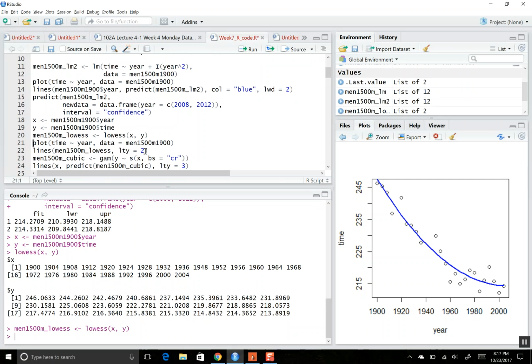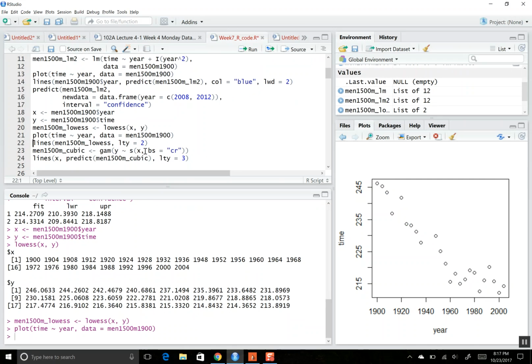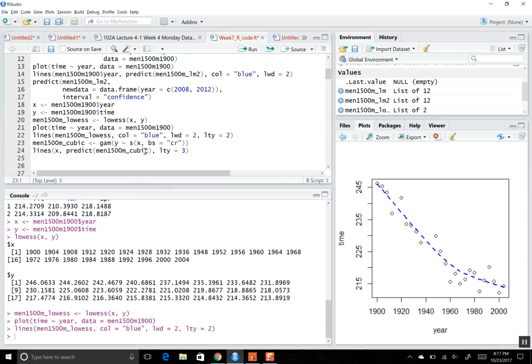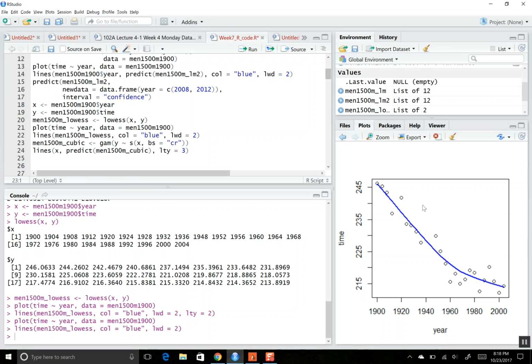So here I'll plot my data, and let's do color equals blue, lwd equals 2. Okay, and Lois regression, again, all that does is try to fit a smooth line to the data by weighting certain values heavier versus other values.